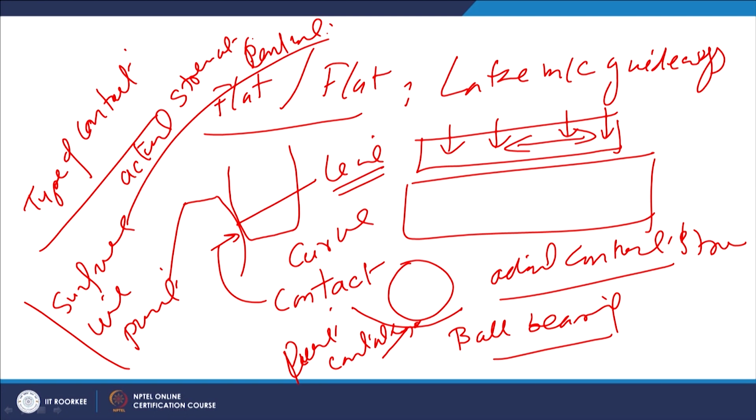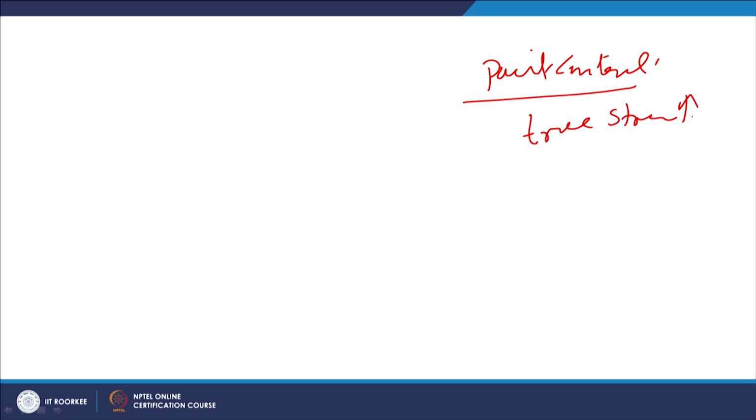So, especially in those cases where the point contact exists, in case of the point contact the true stresses or actual stresses will be much higher as compared to the case when there is a line or the surface area contact.